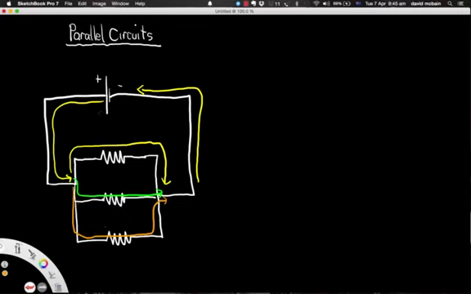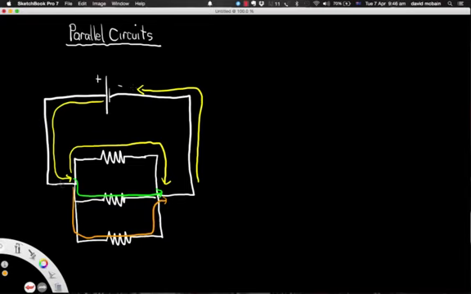So, for example, to use a water analogy, if 12 litres of water per second was flowing down this pipe, and this water reached this branch, and it was equally difficult for the water to flow down each of these branches, then a third of the water would go this way, so 4 litres a second would go this way, 4 litres a second this way, and 4 litres a second this way, and then they would recombine at this point here and you would get 12 litres a second coming back into our tank.